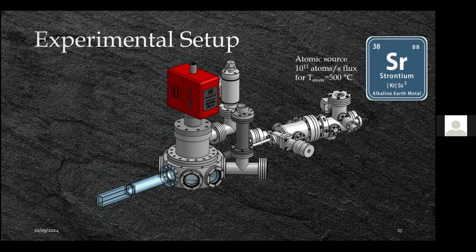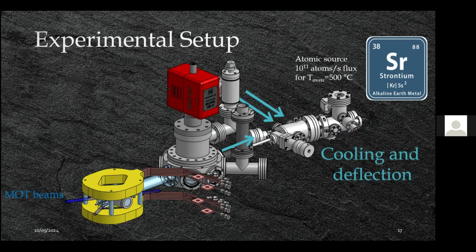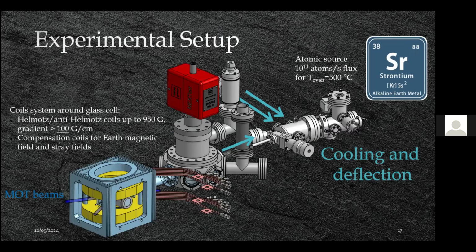Just a quick overview on the experimental setup. Basically, the first part is the oven. It's a little bit tilted in such a way that I can pull it and deflect it into a collimated beam that reaches the science chamber, where I put my objective, my coils, homemade somehow, and our cage of compensation coils.